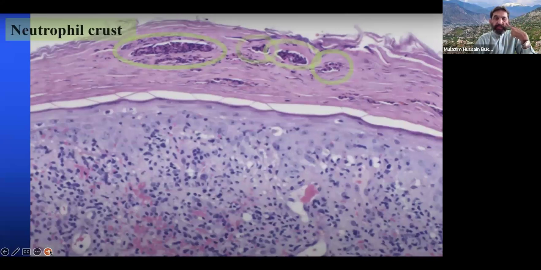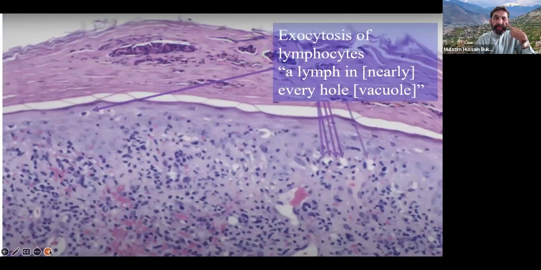Neutrophils, these are the classical variant. As I told you, I will show you the exocytosis and the differentiation of epidermotropism. When you look at this lymphocyte, whether it looks reactive, pyknotic or destroyed, it is benign.